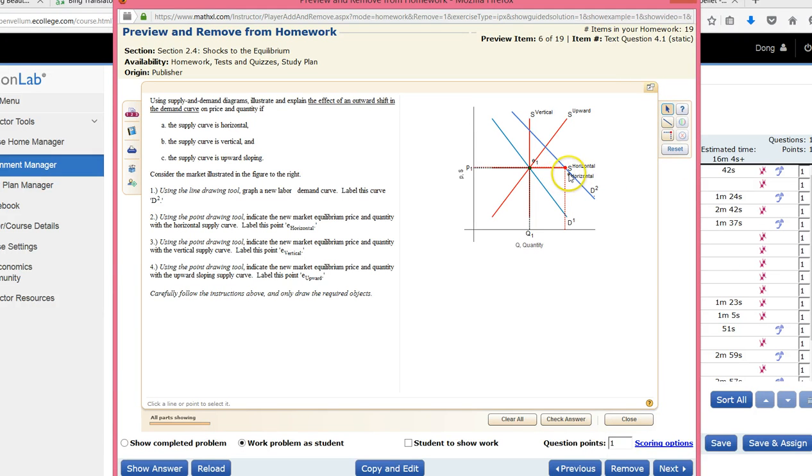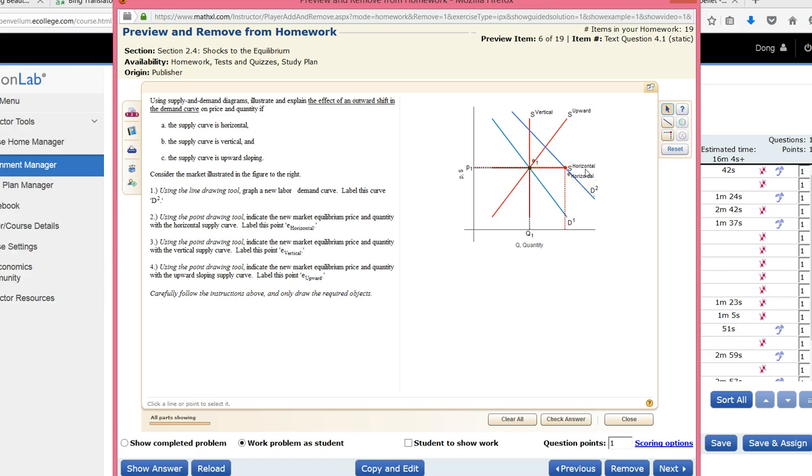Before we go on, I just want to give some intuition behind this result. You can see that the new equilibrium compared with the original equilibrium, the price is the same, right? Price doesn't increase or decrease, it stays the same. But the quantity increased a lot. And this is because here we have a horizontal supply curve.